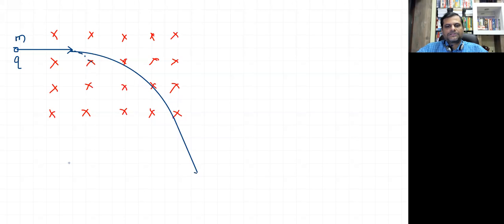Okay. So what is the radius of that circular orbit in which the particle revolves in?